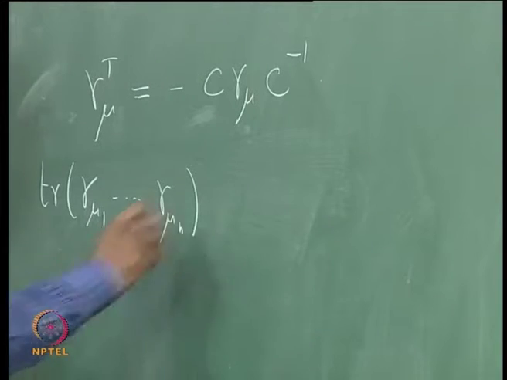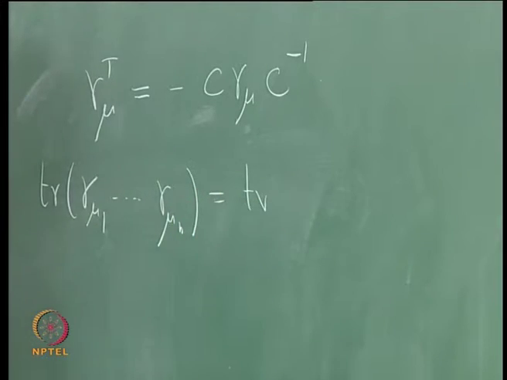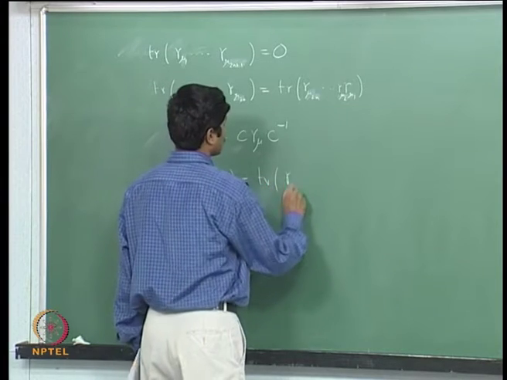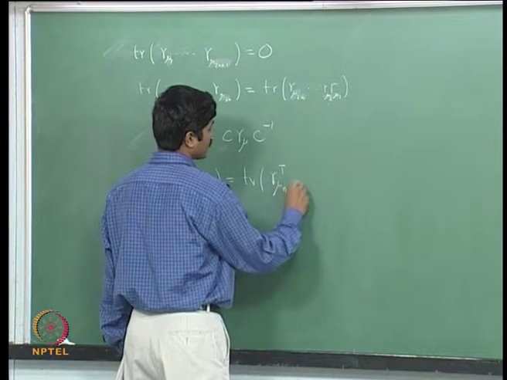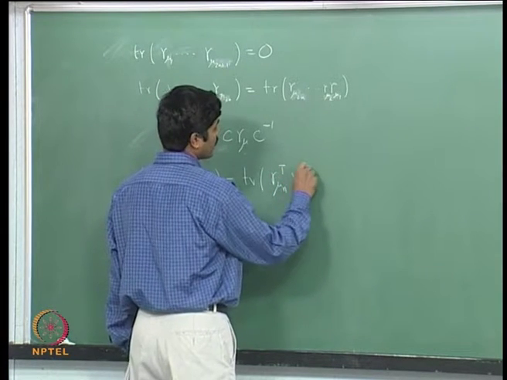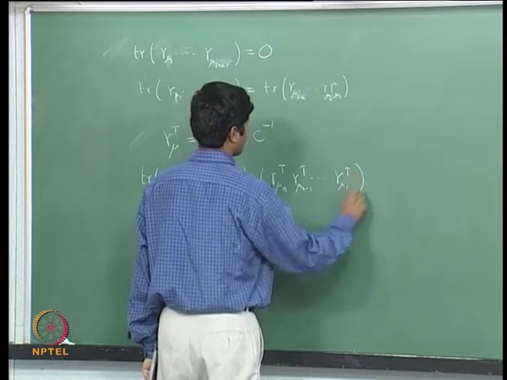This is equal to the trace of its transpose, so gamma mu n transpose, gamma mu n minus 1 transpose, up to gamma mu 1 transpose.